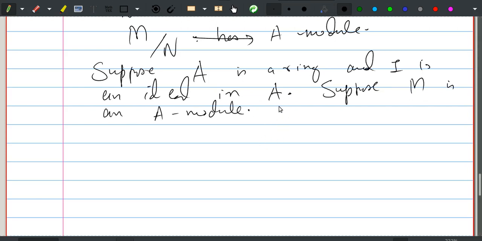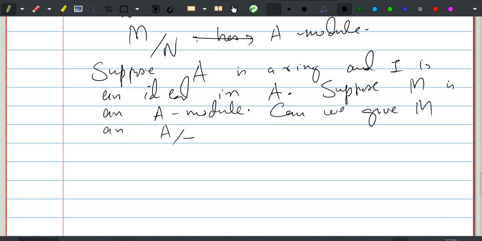Now the question is, can we give M an A mod I module structure?